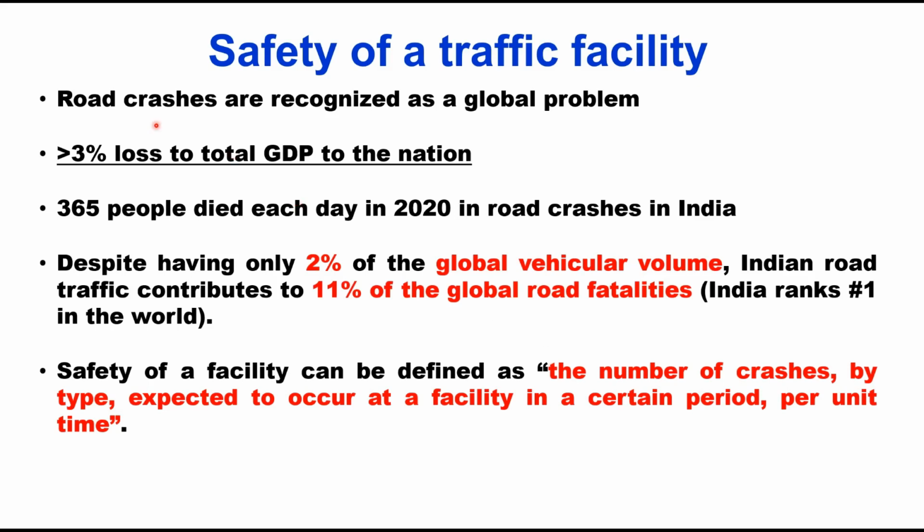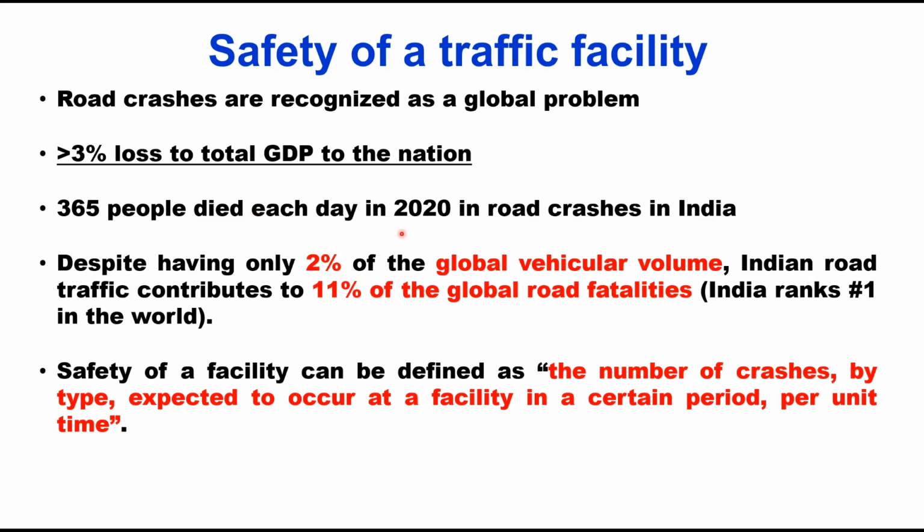These road crashes are recognized as a global problem, and in India also it is a serious issue. India is losing 3% of its GDP because of road crashes. 365 people died each day in 2020 in road crashes in India.